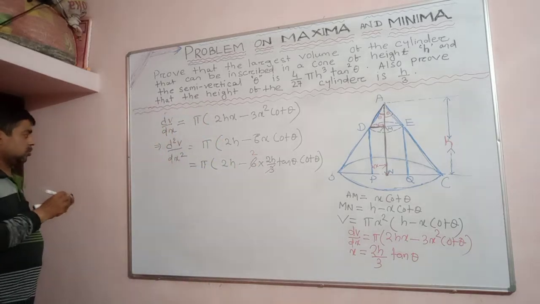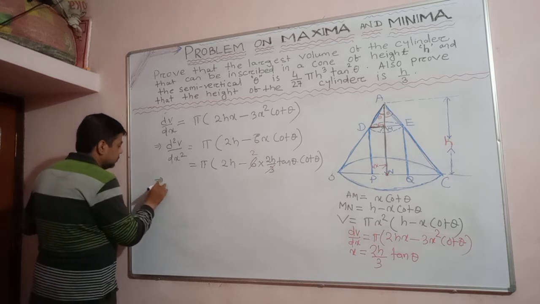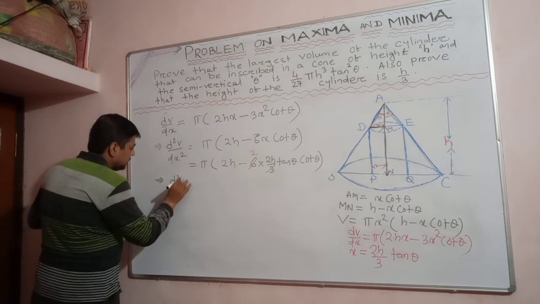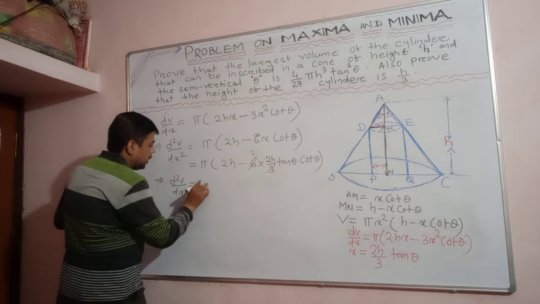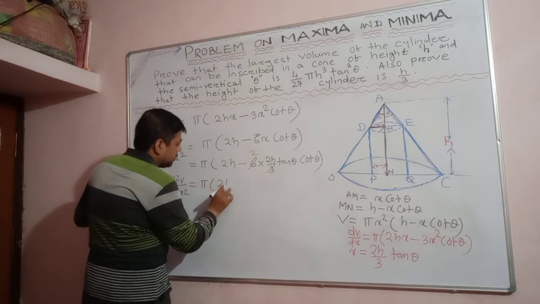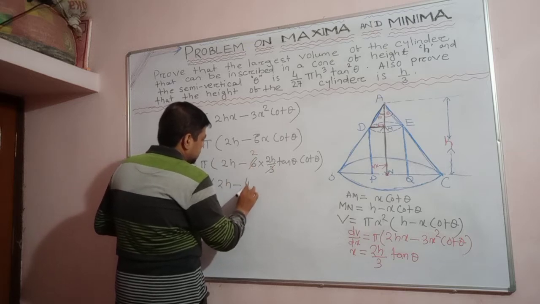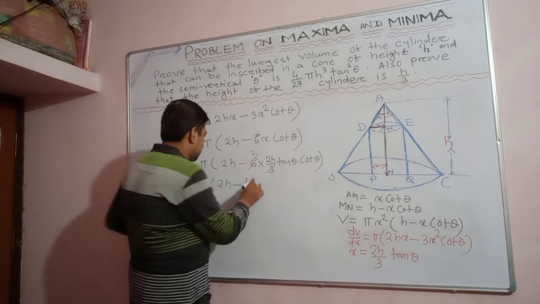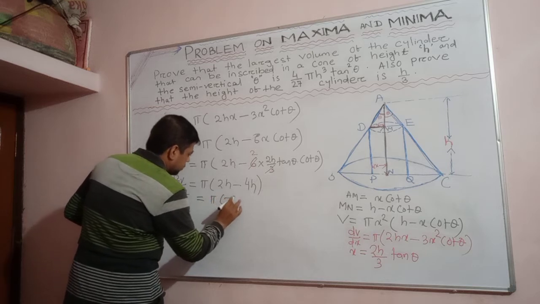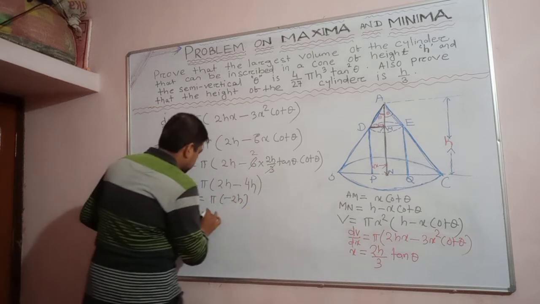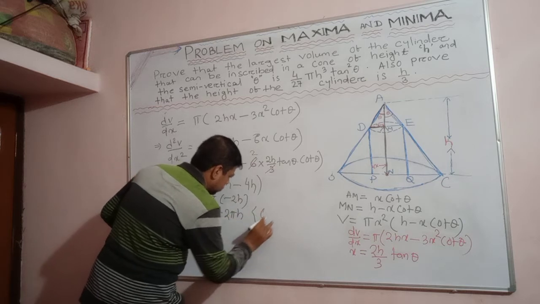Right? So that implies d square V by dx square is equal to pi times 2h minus 6 times 2h upon 3, that is 4h, and tan theta cot theta is 1. So that is equal to pi times minus 2h, and that is equal to minus 2 pi h, which is less than 0.